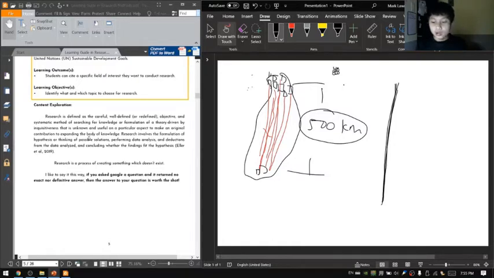For example, we already know that we can use pencil to write. So why are we going to make a research again validating if our pencil can write? We already know that a pencil can write, right? So let's say if you ask Google a question and it returned no exact or definitive answer, then the answer to your question is worth a shot.